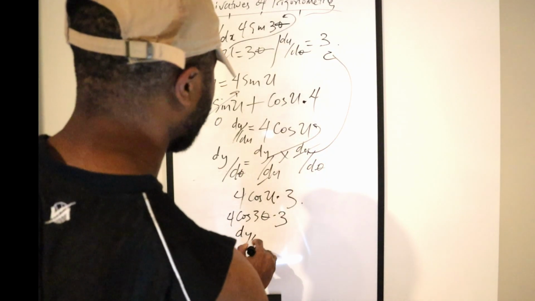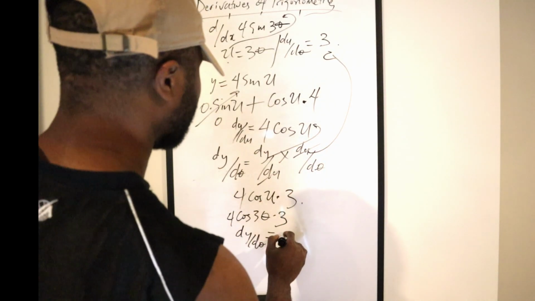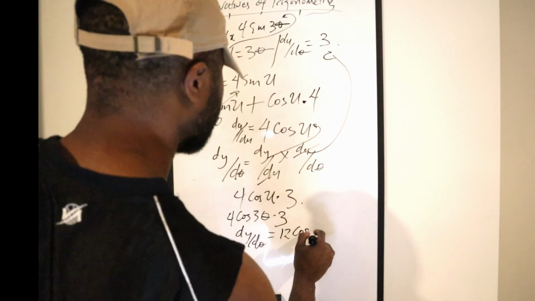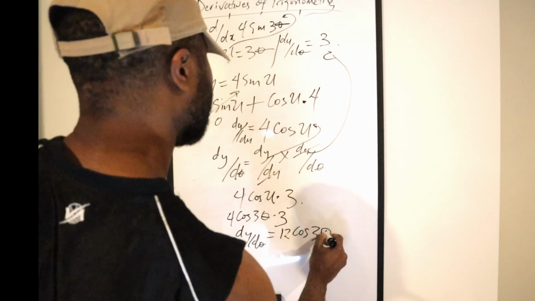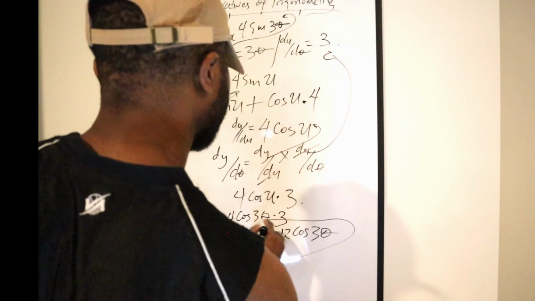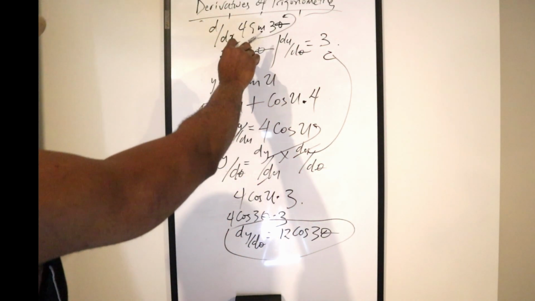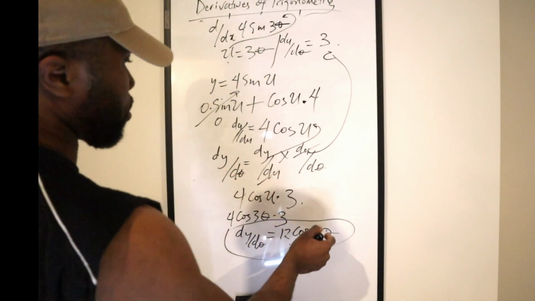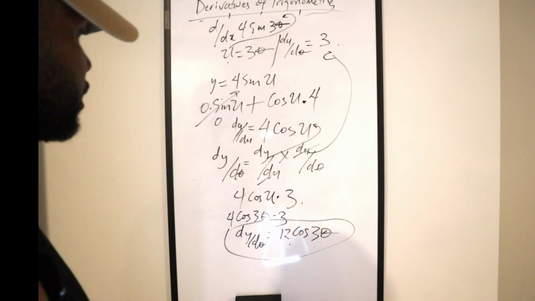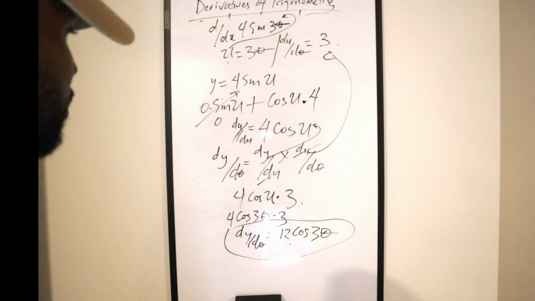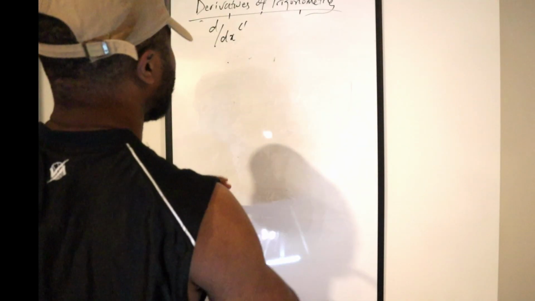So dy over d theta is equal to 12 cos 3 theta. So this is your answer. Differentiating 4 sine 3 theta gives you 12 cos 3 theta.